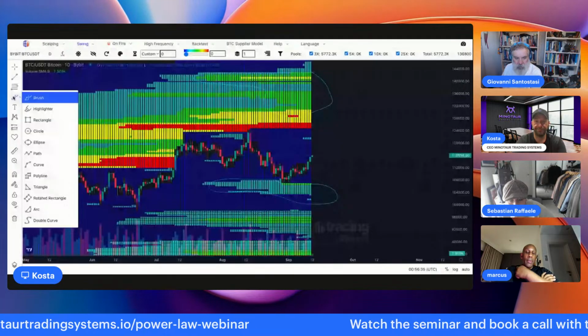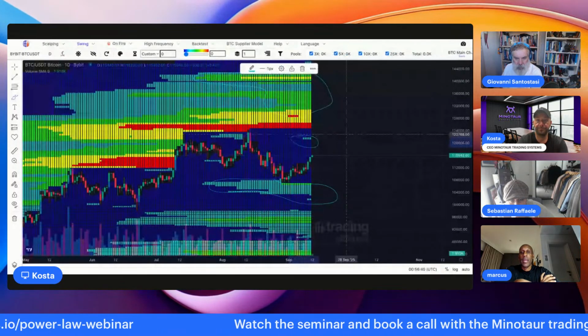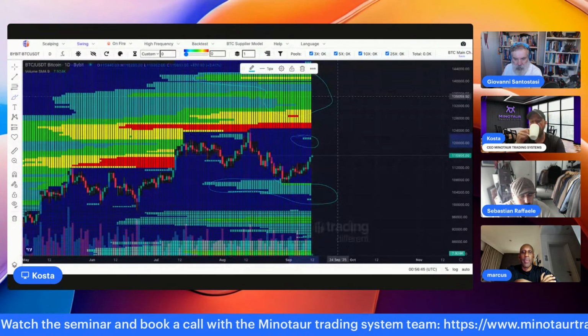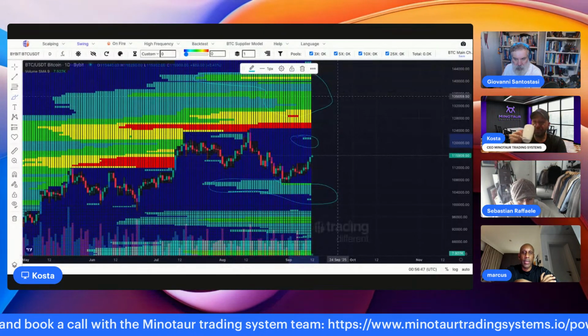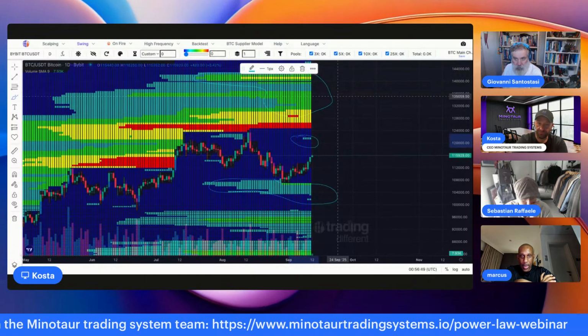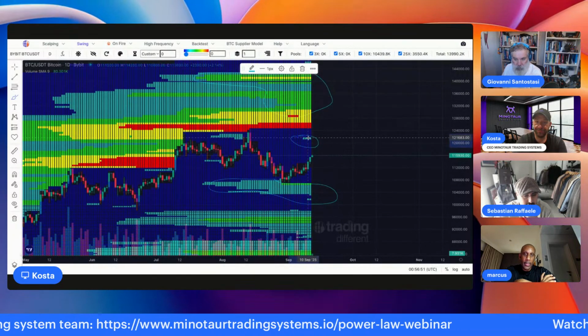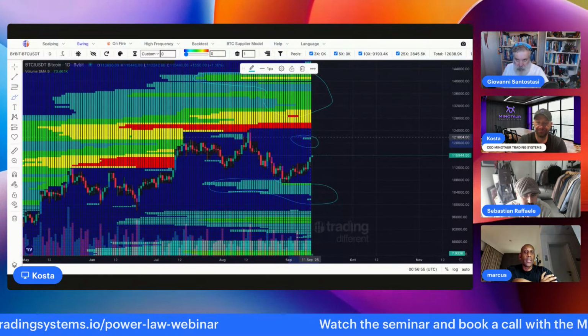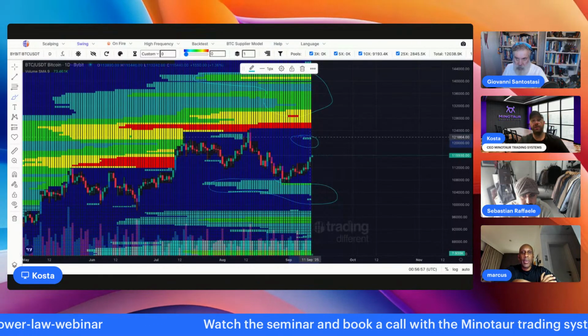Do you see it, Costa? Yeah, you can highlight right there. That's a target. That's internal liquidity. There's an extremely high probability that it'll be liquidated or targeted by the market. So that's the immediate target, which gives us a clear target to go after.